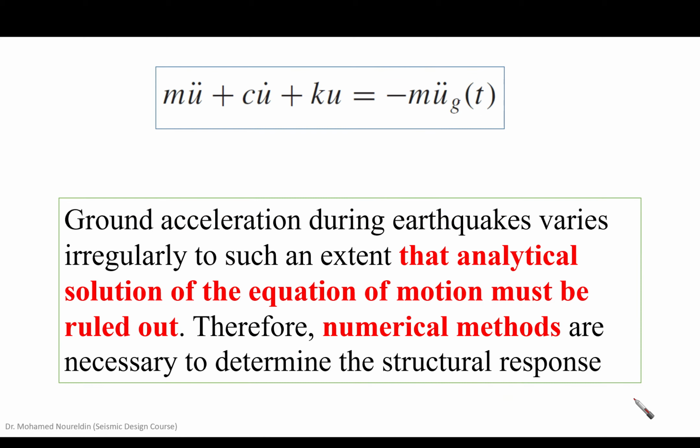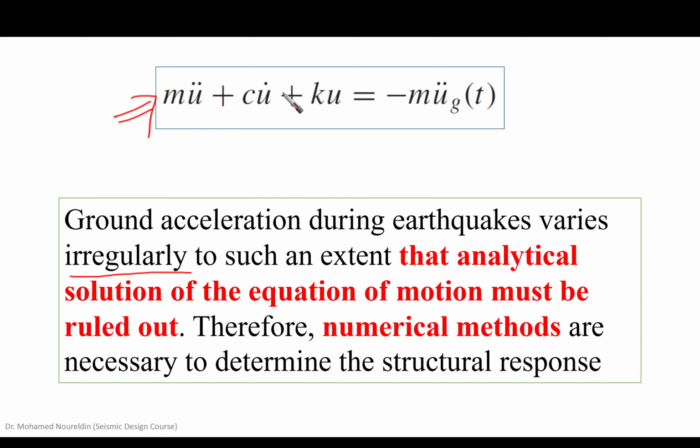We can say that ground acceleration during earthquakes varies irregularly, to such an extent that analytical solutions of the equation of motion must be ruled out. The question now is how we can solve this equation. We have some ways for the solution, like Duhamel's integral.